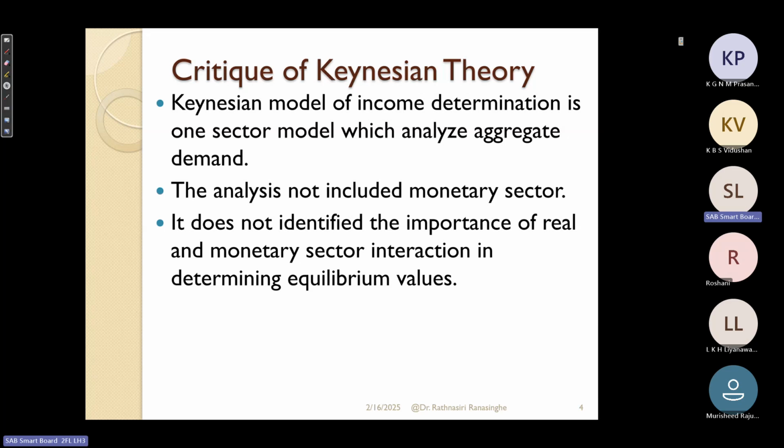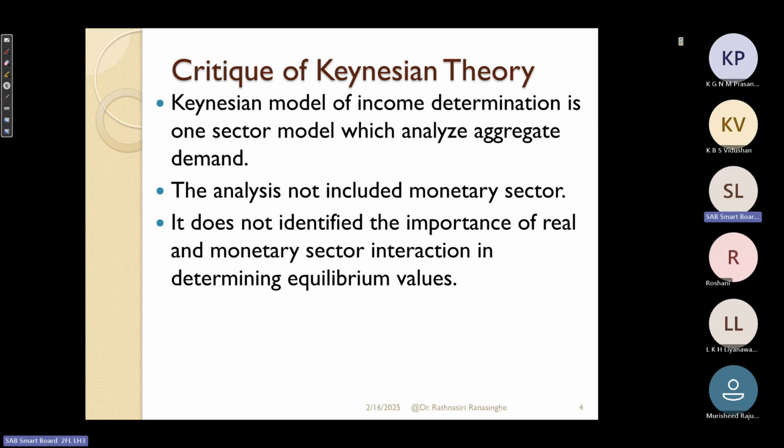When we talk about raising government expenditure in the Keynesian theory, how that expenditure is going to be financed is not explained in that model. The financing side, that means the involvement of the monetary sector and money market, is not explained there.